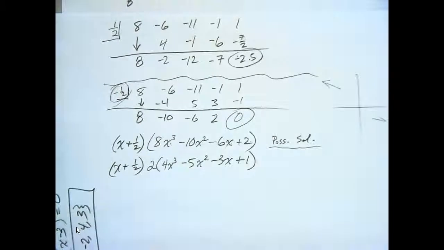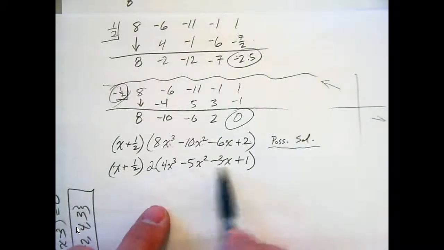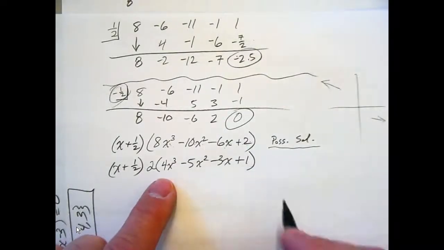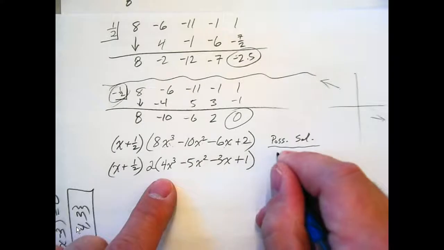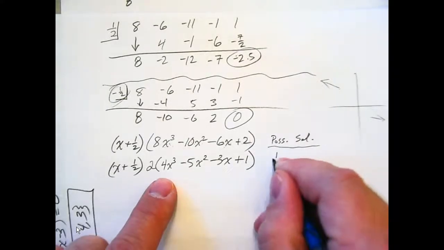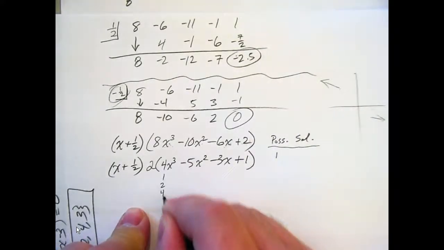Now are we able to do factor by grouping? No, we still can't do factor by grouping, but it does make our factors easier, right? Possible solutions, we have 1, 2, and 4.